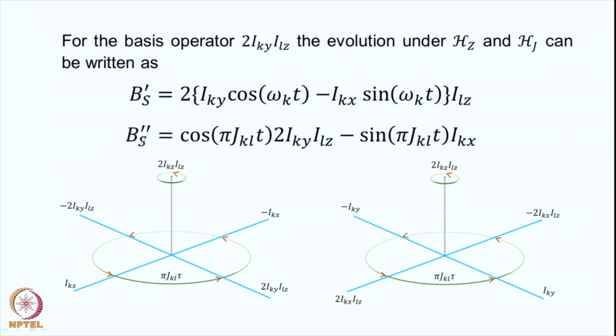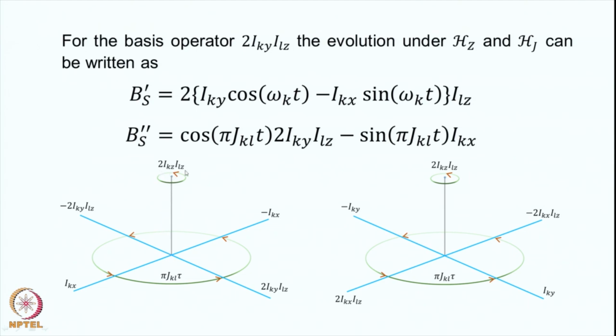And Bs double prime, which is the result of evolution under the coupling, you get cosine pi Jklt 2 Iky Ilz same here, and it generates the Ikx term. So as I said, these indicate some sort of rotations in a particular plane. Pictorially we can represent it like this. So we put the Hamiltonian, this is for the coupling, similar thing we wrote earlier for the chemical shift. So the coupling Hamiltonian is written along this axis here.